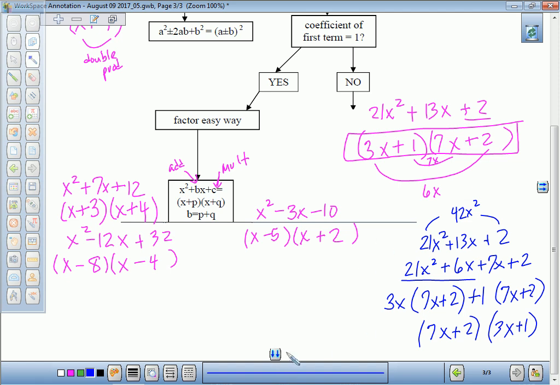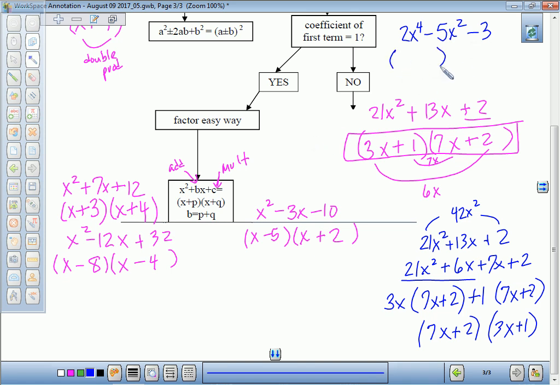Now, some of them may be a little more complex. For example, instead of having 2x squared, we might have 2x to the 4th, and then a minus 5x squared, and then minus 3. So this is a quartic that's in quadratic form.